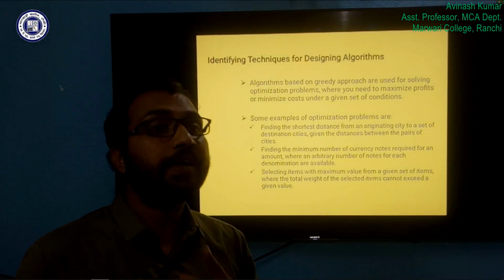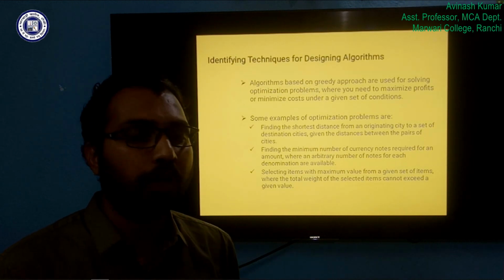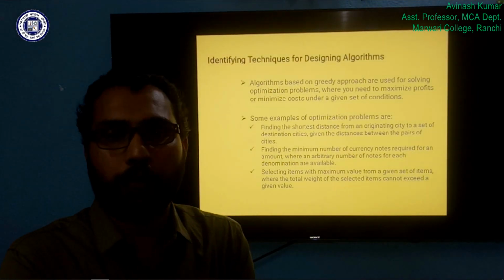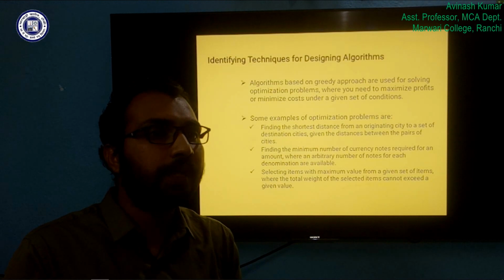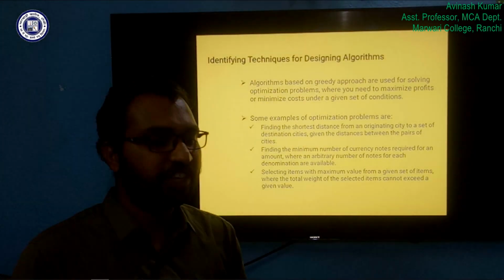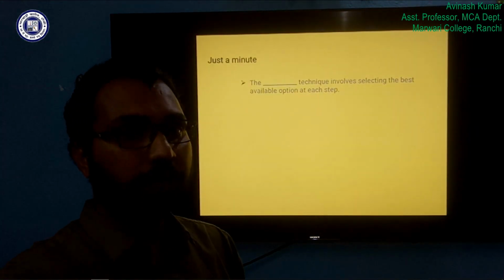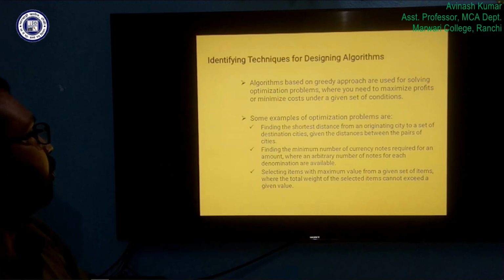So for 10,000 rupees, you will have a large amount of money, let's say half a kilogram or 1 kilogram or so. If you have currency in the form of, let's say, 500 rupee note, 100 rupee note, then it would be much easier for you to carry the currency. So this is the problem known as the optimization problem.